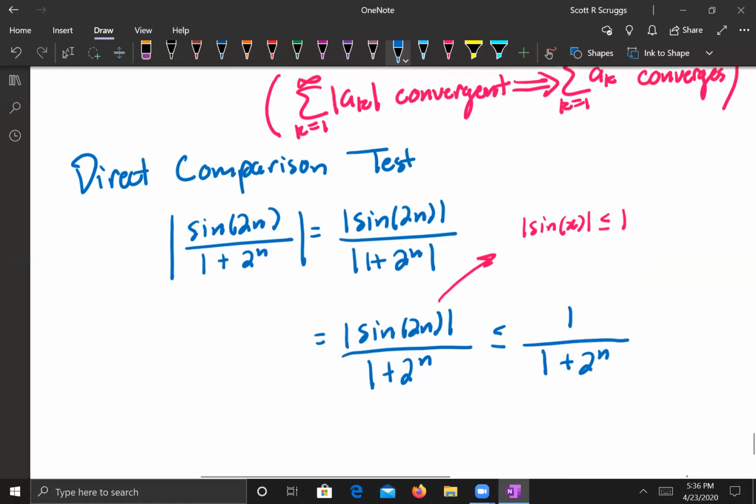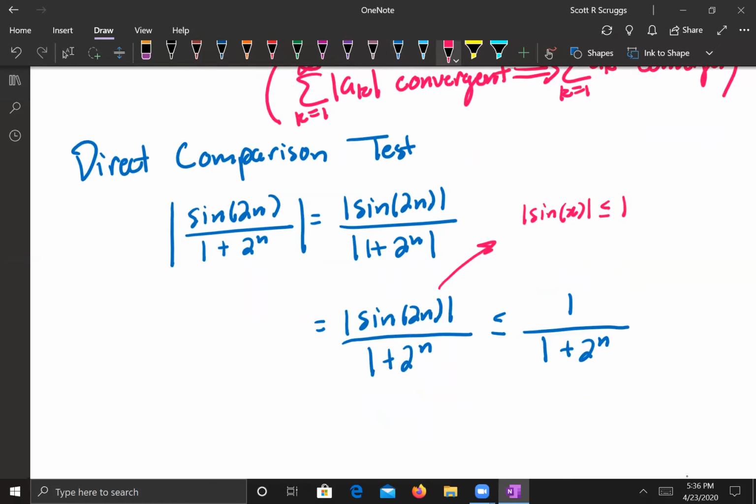And in terms of my direct comparison test, here are the terms of the series that I want to check convergence or divergence of. And here are the terms of the series that I want to compare with. So direct comparison means I have less than or equal to.